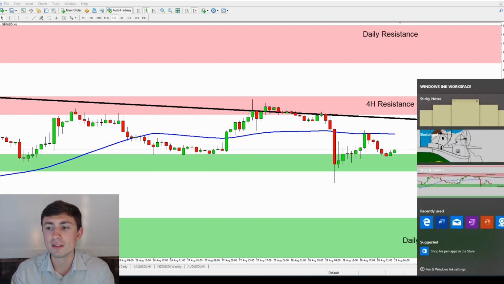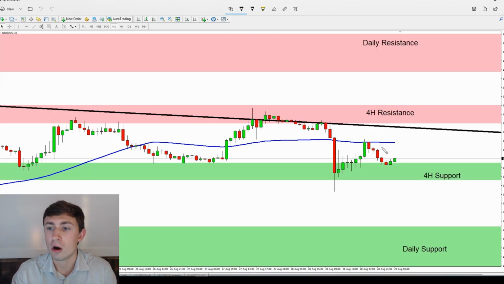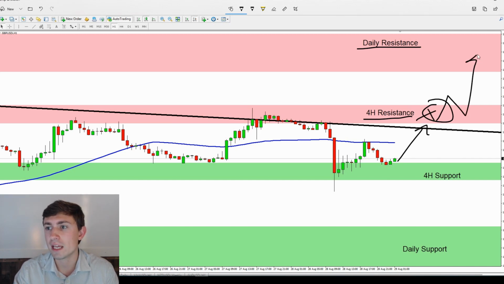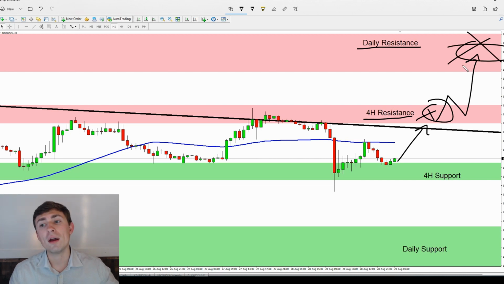If the market starts heading in our direction, we want to make sure that we are respecting the higher time frame support and resistance zones, right? So if price does come up into this 4-hour resistance, maybe we close off partial of our position. And if price continues up, then at this point we could get out of the position completely.